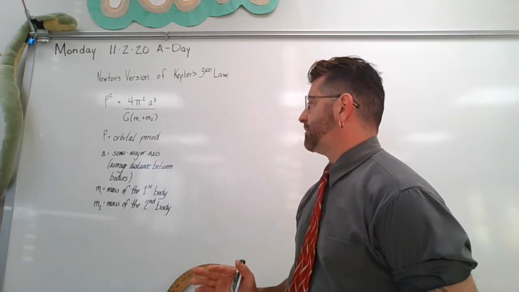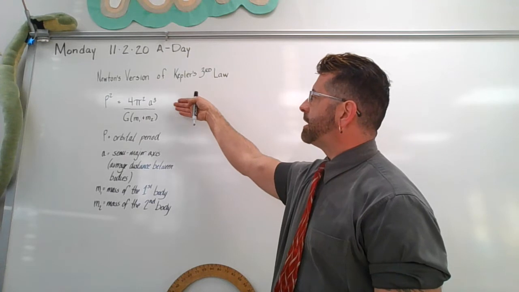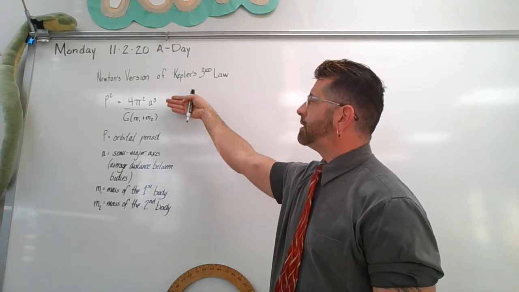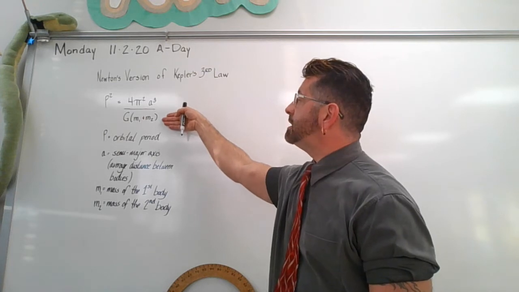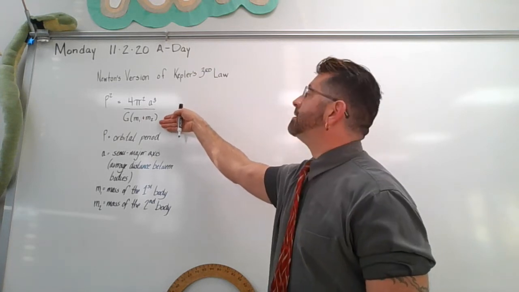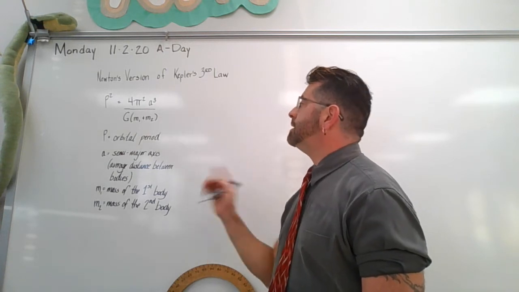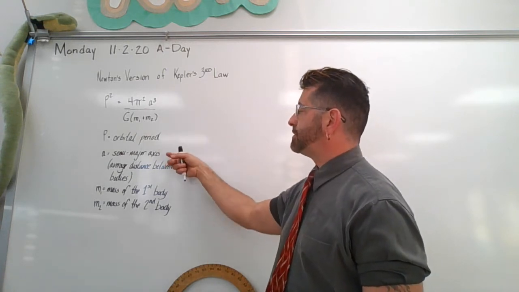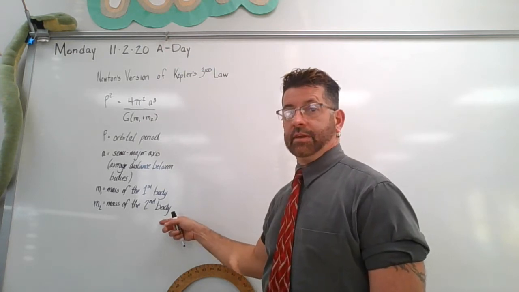Amazing stuff. So, again, just for clarity's sake, this is the formula here. P squared equals 4 pi squared a cubed divided by G, big G, times M1 plus M2. That's it. P is your orbital period. A is your semi-major axis. M1 is the mass of the first body. M2 is the mass of the second body.